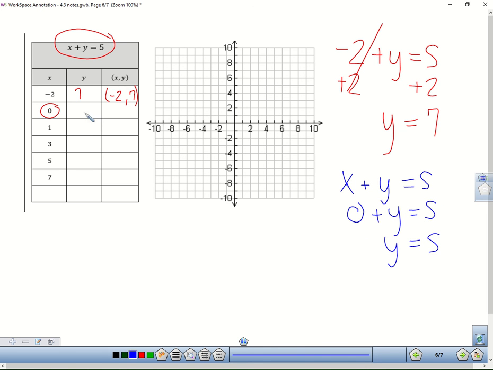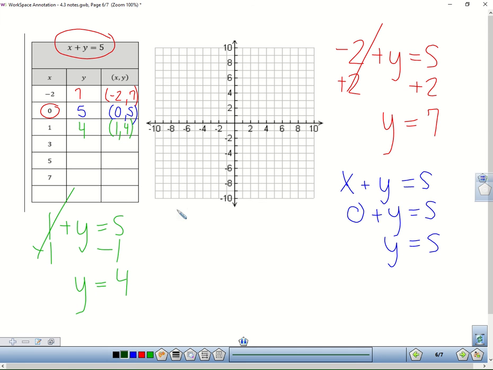Y is equal to 5, right here. So the ordered pair is 0, 5. The next one, we're plugging in 1 for x. So I replace my x with 1. How would I solve for y here? Subtract 1. What do I get? Y equals 4. My ordered pair is 1, 4.